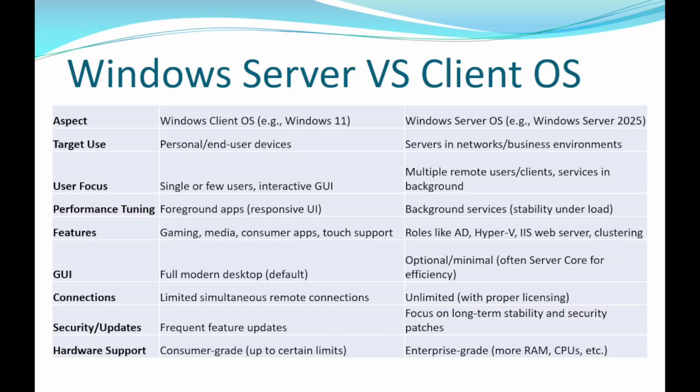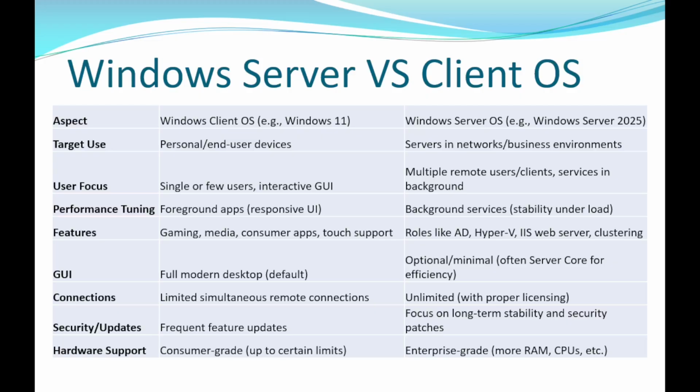Features: the client operating system is mainly for gaming and media. Users can play games, media, use consumer apps, and touch support. End users can use the client operating system. Server edition roles include AD services, Hyper-V, IaaS, web servers, clustering, and so on.